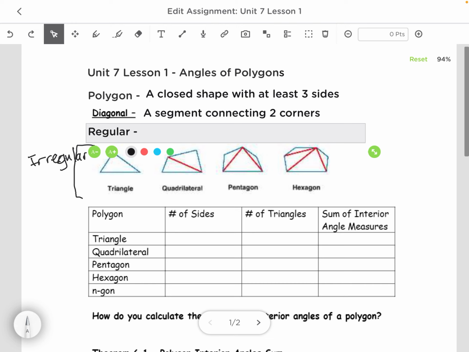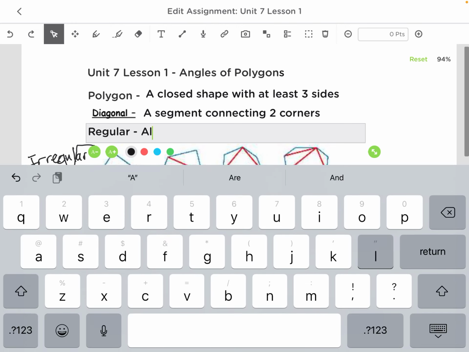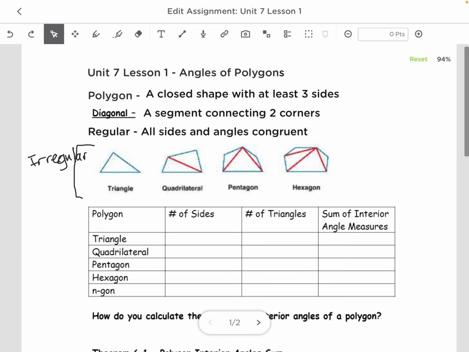So, for example, a regular shape might be a square, or an equilateral triangle. But anything that has different sides or different angles is irregular.